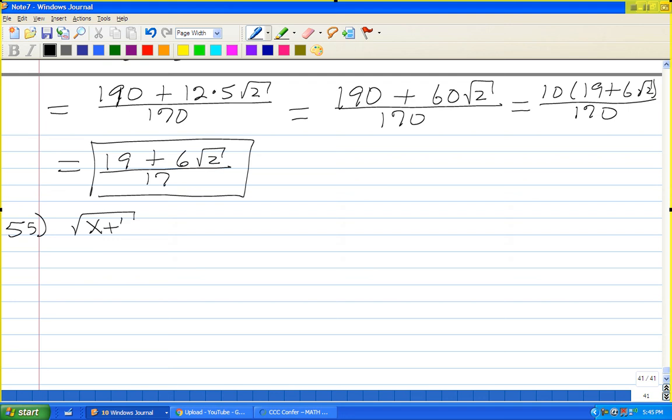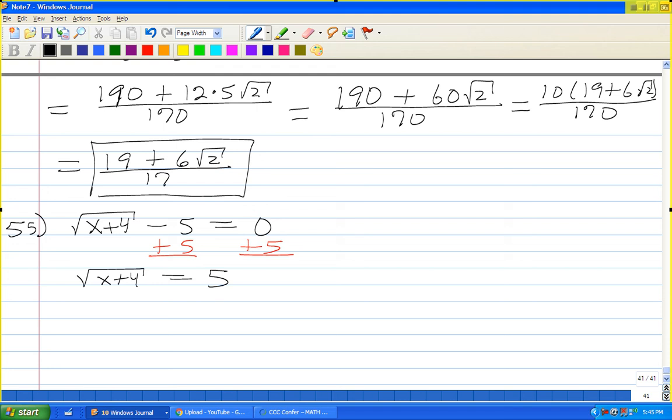Rad x plus 4 minus 5 equals 0. Solve. Okay, so let's solve this radical equation. So let's add 5. So I get rad x plus 4 is equal to 5.